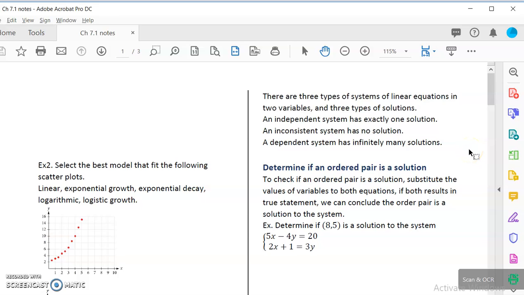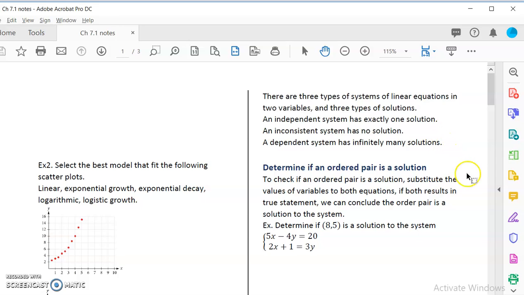For 2x2 systems of linear equations, there are three types. One is called an independent system, where the system has exactly one solution. Another is called inconsistent, where there is no solution. And the last is called a dependent system, where there are infinitely many solutions.